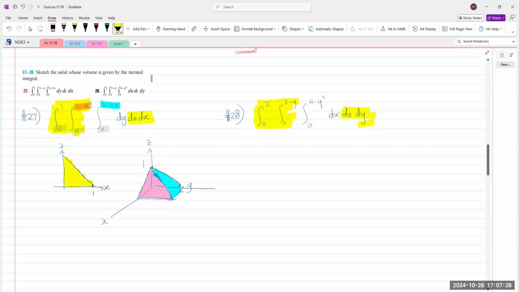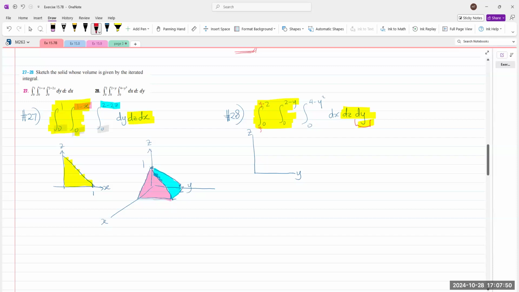xyz, right? But if I project it on the yz plane, what will that look like? On the yz plane, the y will be, how do I read that? The variable of the outer integral is y, so this is from y equals 0 to y equals 2. That's how we read it.